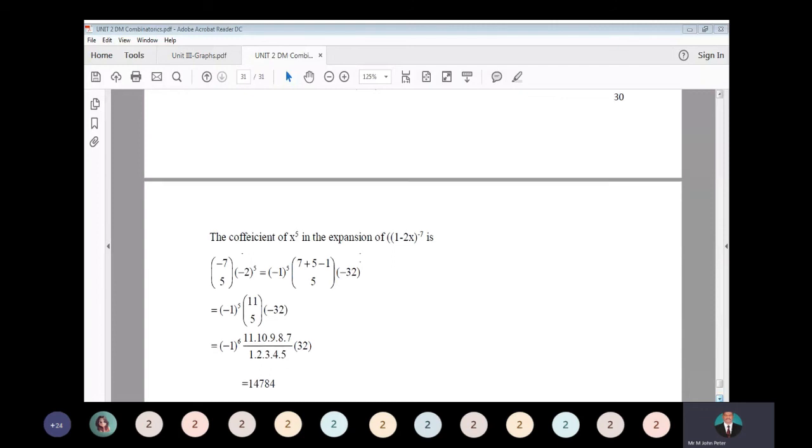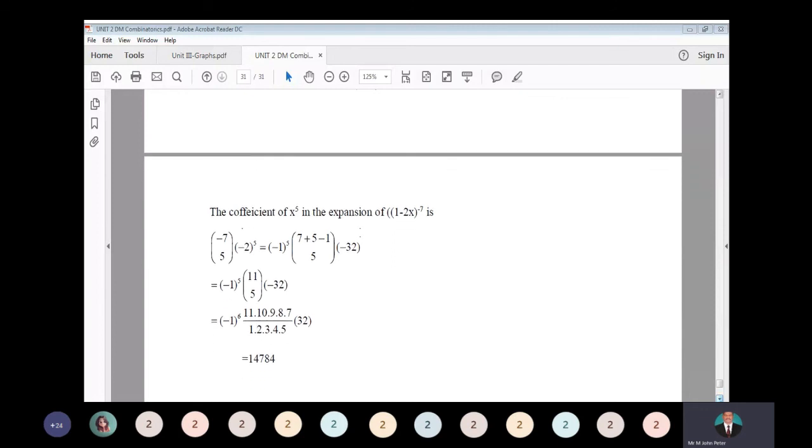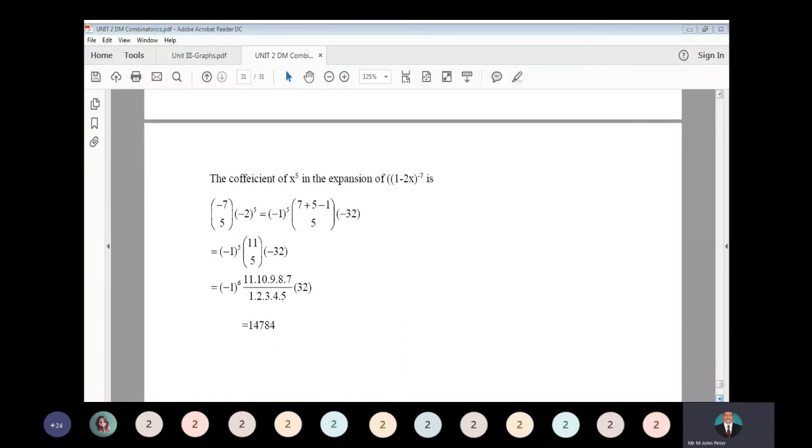So that is (minus 1)^5 times 11C5 times minus 32. Minus into minus, odd power here, total (minus 1)^6, so it becomes positive. Simplifying, we get 14,784 as the value. So the coefficient of x^5 in the expansion of (1 minus 2x)^(minus 7) is 14,784 using the binomial series.